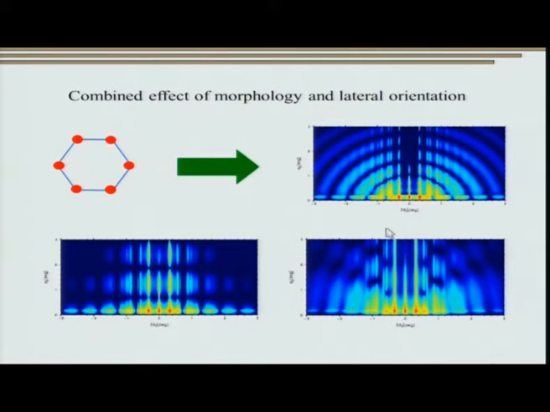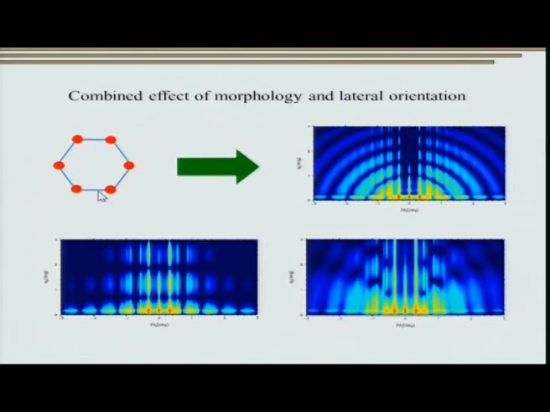So, I hope you appreciate that for the last two scattering patterns we have a hexagonal arrangement of particles. However, for the first case, we have a half sphere sitting at all the corners of the hexagon, while for the second case, which is shown over here, we have a prism sitting at all the corners of the hexagon.